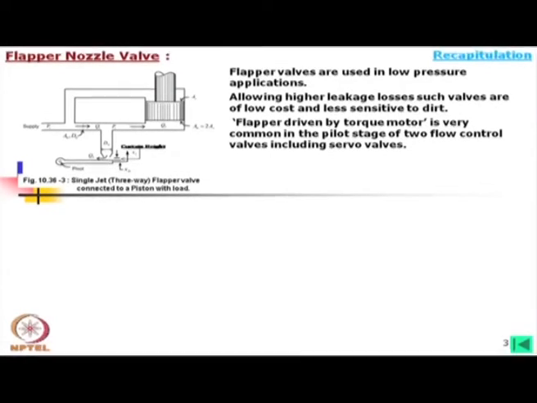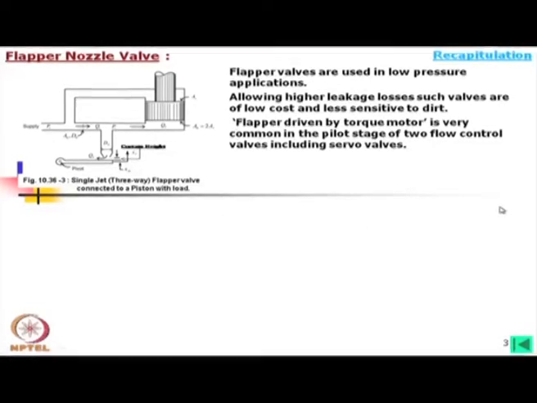Then to move that 4-way spool, we have another stage where the spool is very small. We need to actuate that spool valve with a very small amount of force, which is controlled by this flapper nozzle, and these nozzles are at both sides, and then that pilot stage controls the main stage, which you have seen earlier in the servo valve section.